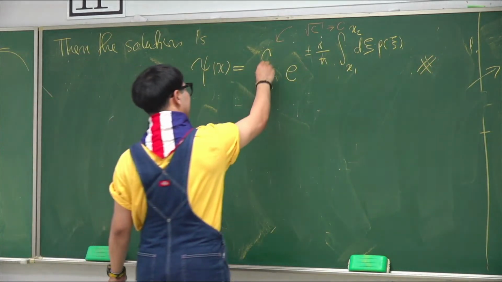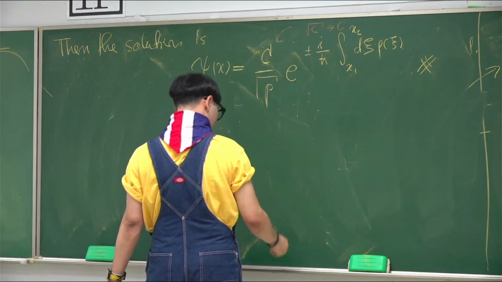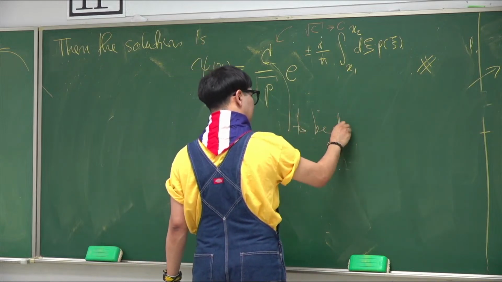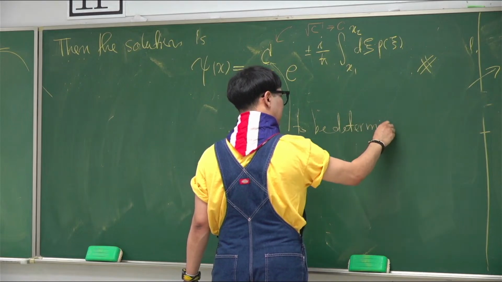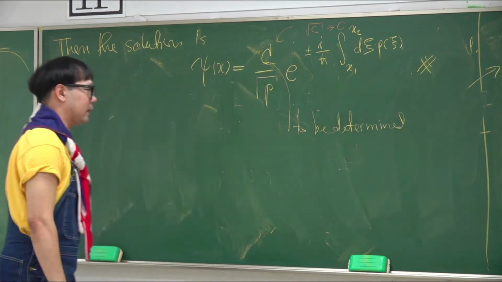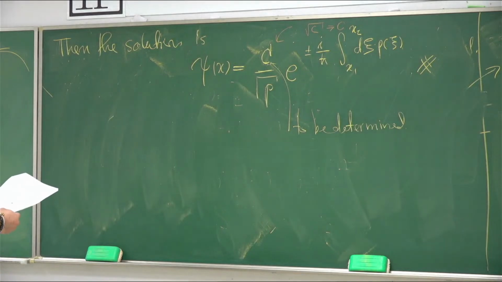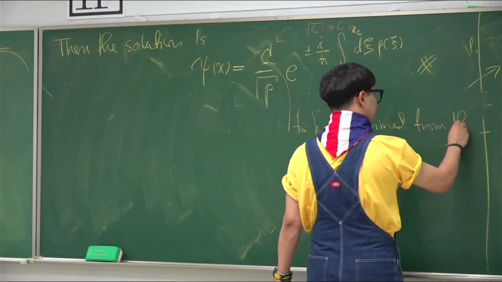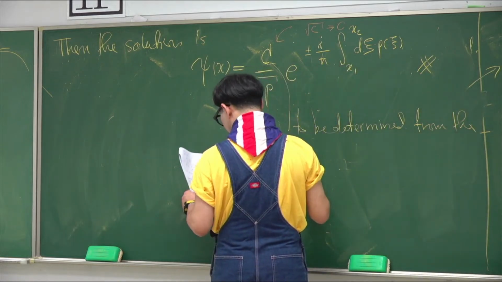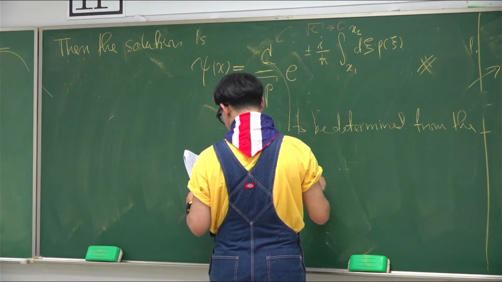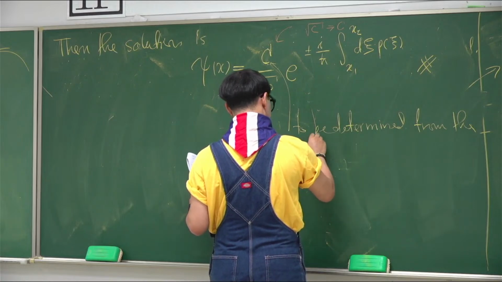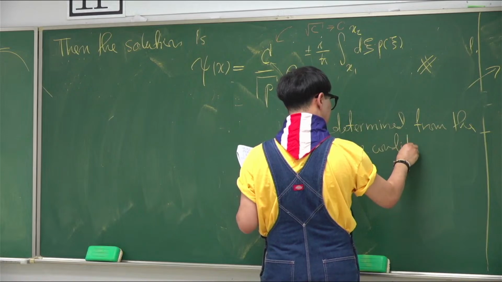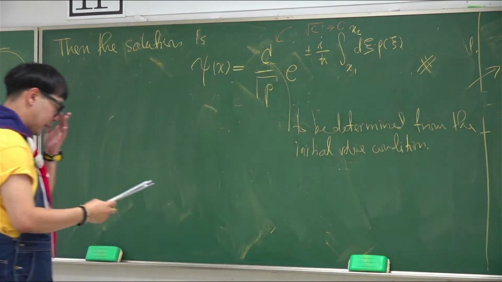But it's not complete yet, right? You still have this to be determined right here. That of course from what? From the initial value condition, right?